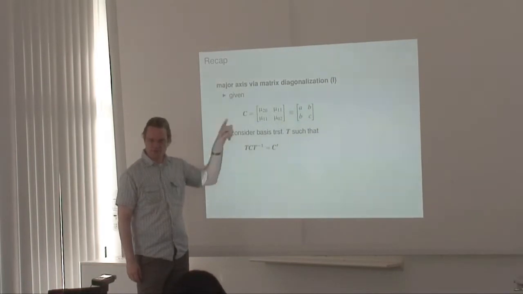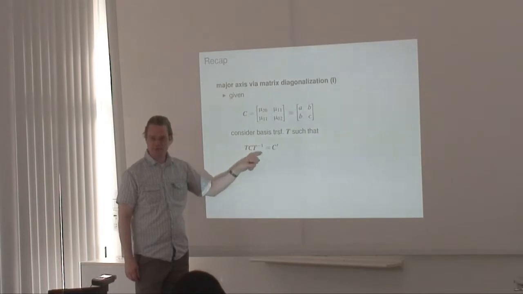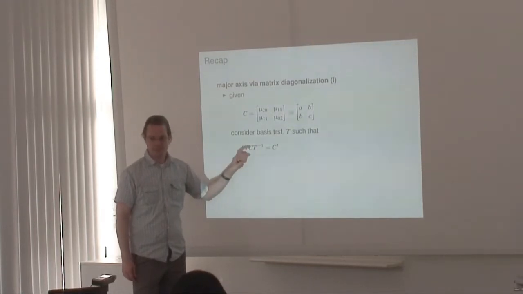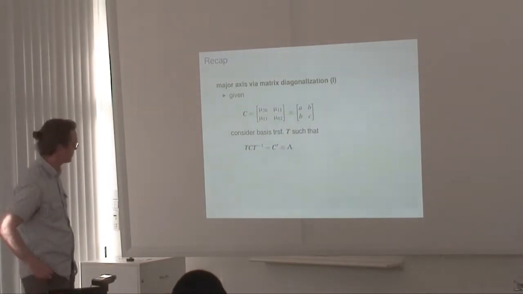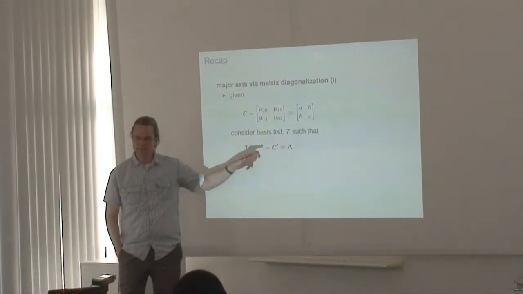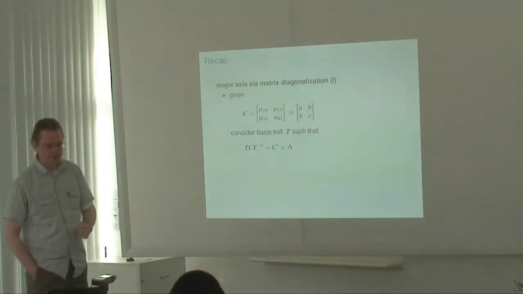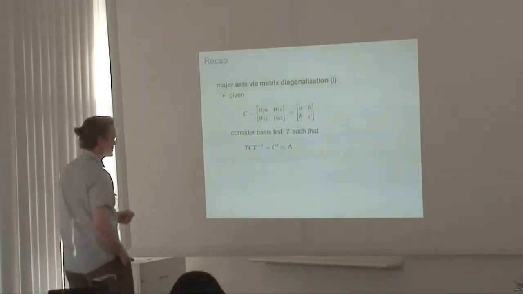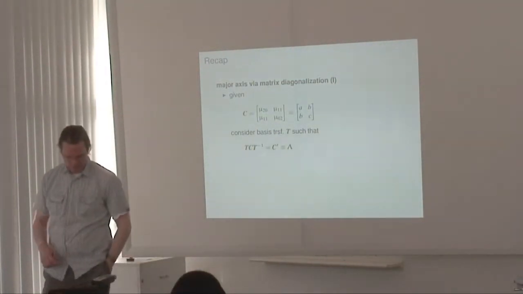This time, instead of A, it is C. And if we have this basis transformation, we get a matrix C prime. Instead of C prime, however, I will henceforth write a capital lambda. This is the Greek letter lambda, and I'll do that because everybody does it. Right? I'm just using this C prime here to make the connection to what I discussed earlier.